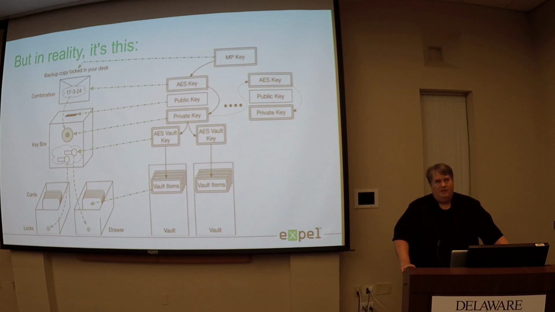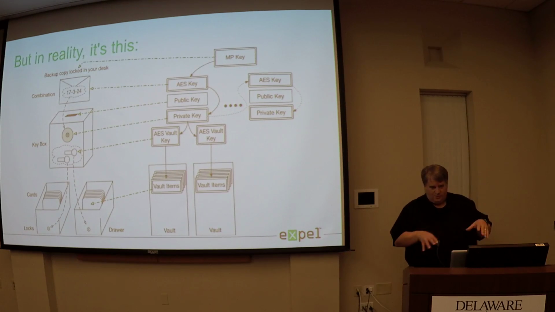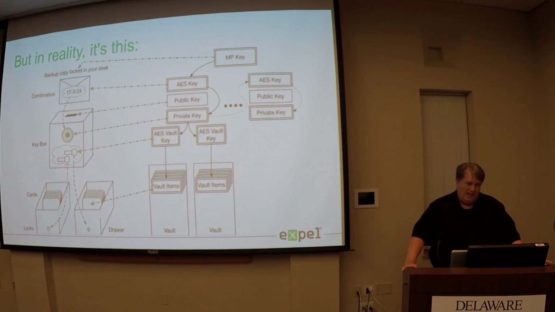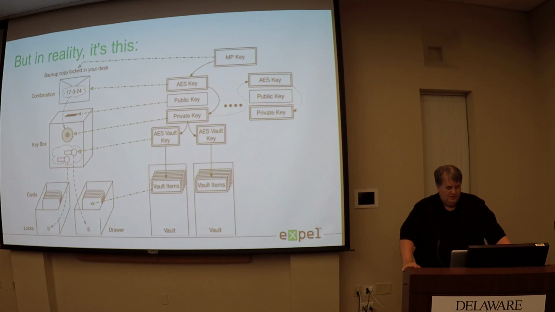In this case, the master unlock key, which you get when you type in your master password and go through the whole two-secret key derivation, is equivalent to unlocking your desk, which gives you access to the key set keys, which is the combination. You unlock the key box, now you get the thing. So in this case, you've decrypted an AES key, which decrypts a private key, which decrypts individual vault keys, which are equivalent to what you did for the drawers, and then you get the items.